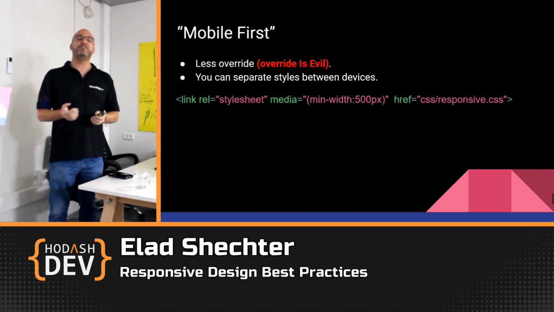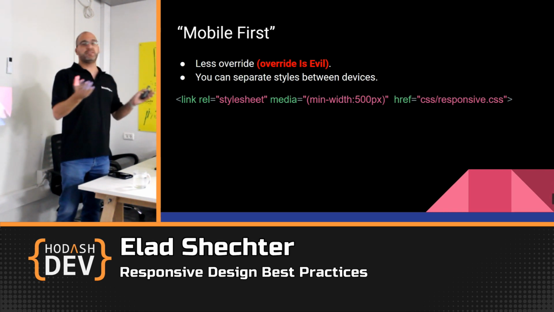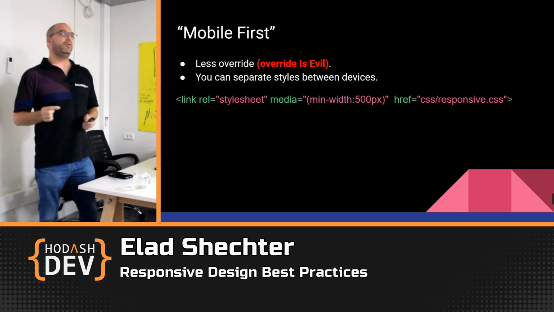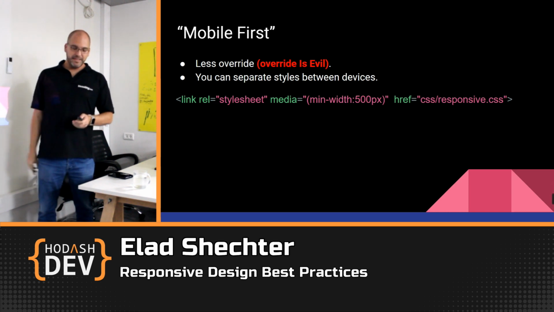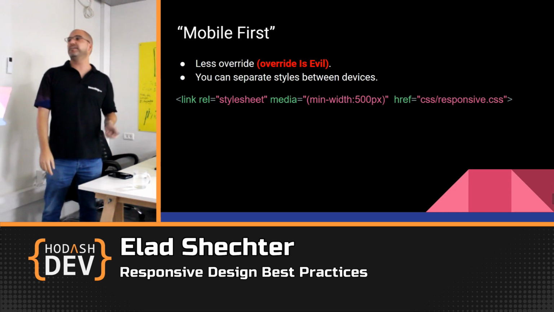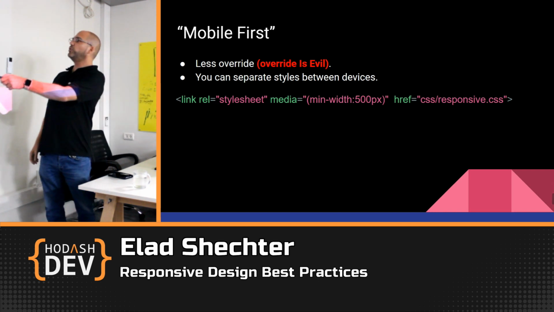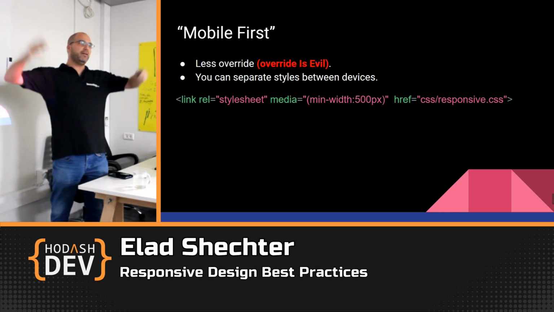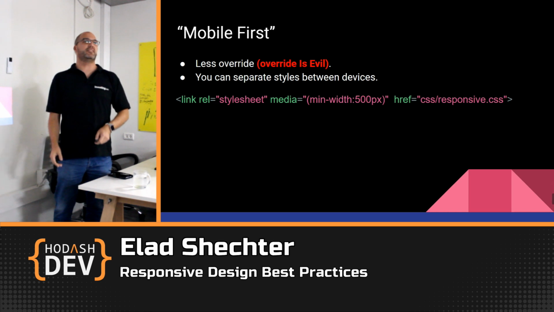Besides this, you can maybe think of other ways to write better CSS. I'm not using this method, but you can maybe separate the mobile styles into a separate file, and only if the screen is bigger, load another CSS file. And if it's an even bigger screen, you will maybe load another CSS file.